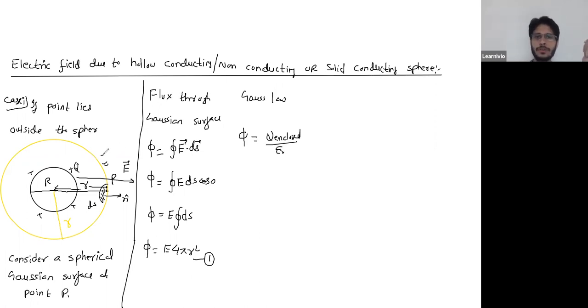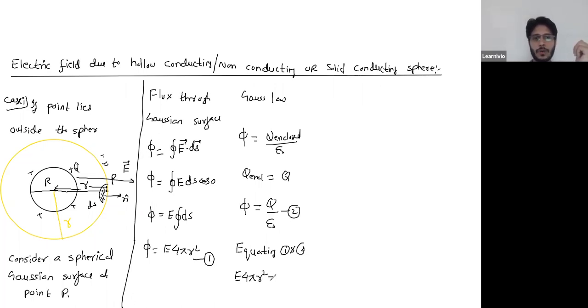The Gaussian surface includes the complete sphere, so Q enclosed in this particular case is equal to Q only. So phi is Q over epsilon naught. That's equation 2. If we equate 1 and 2, then you will get E 4 pi r square is Q by epsilon naught.